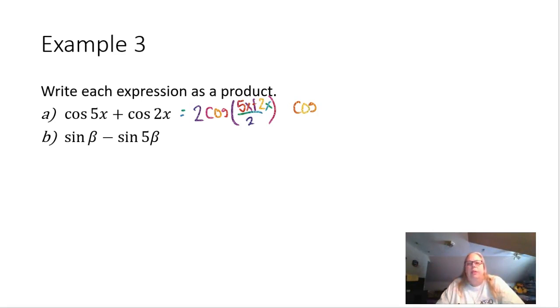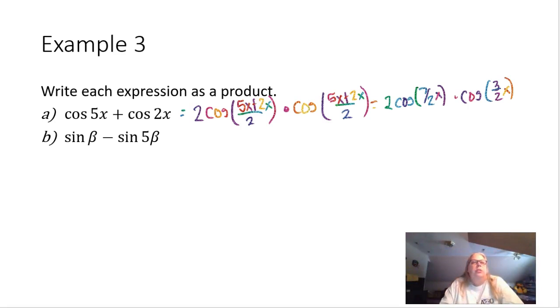Try that again. Times the cosine of the difference. This is going to give me 2 times the cosine of 7 over 2x times the cosine of 3 over 2x.